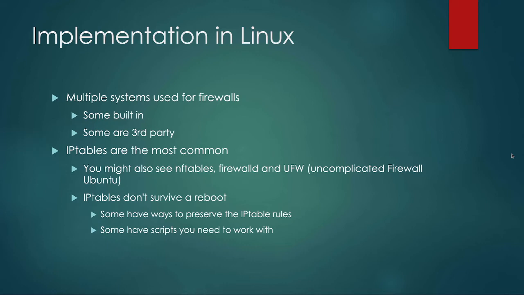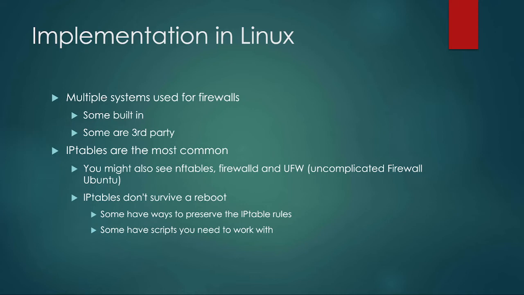Welcome back. So now we can look at firewall implementation specifically in Linux. Now in Linux, there's actually several options for how firewalls are put in place. iptables are the most common option, and most systems do actually have iptables somewhere in the bowels of the system.